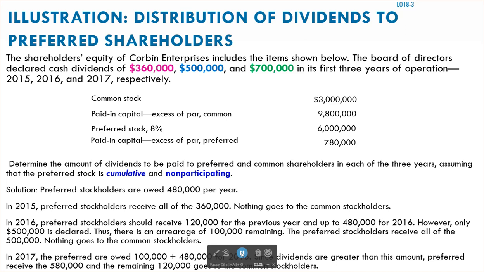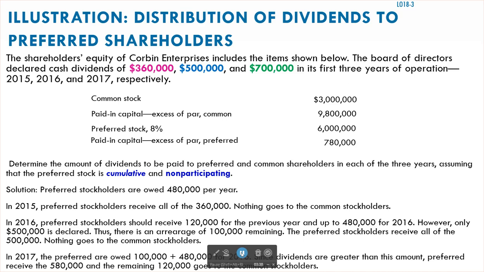That's that calculation. In the first year, in 2015, when it's $360,000, all of it will go to preferred because preferred get the preference in the payment of the dividends. In this case, they will get the $360,000, all of it. And they did not get, however, $120,000, which they would have liked to have received. The $120,000 will carry forward because it's cumulative, carries forward on to the next year.